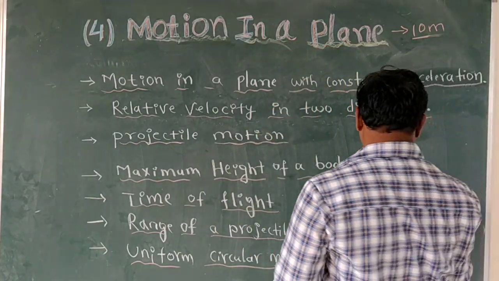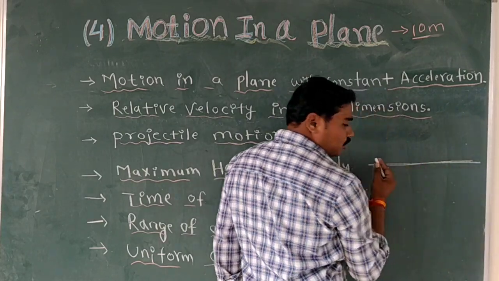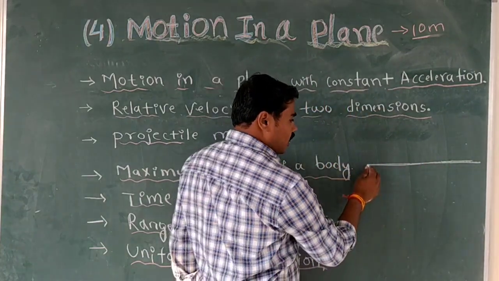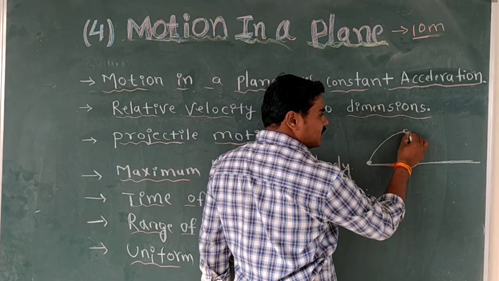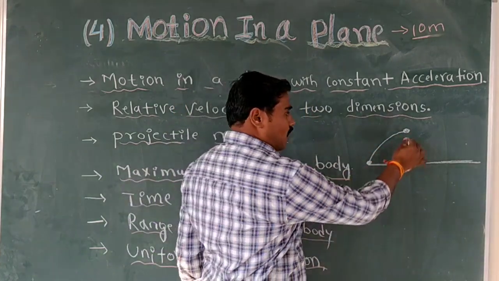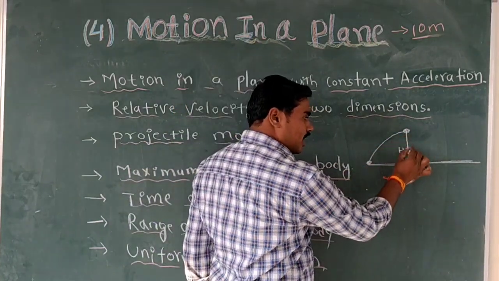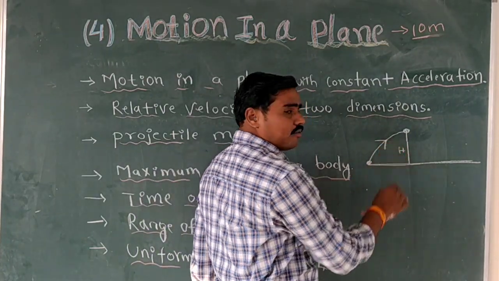For example, when we throw a stone in space, that stone covers a maximum height. After reaching a certain height, again it comes down in the direction of the applied force.